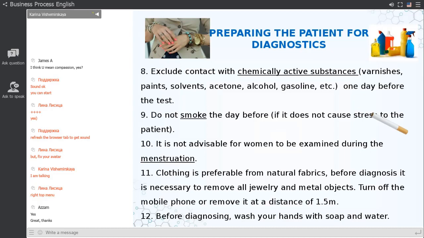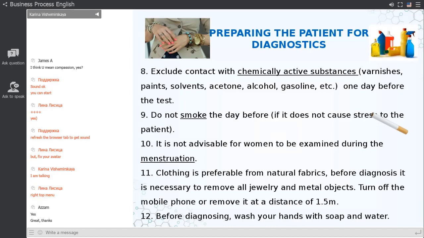Before diagnosis, it is necessary to remove all the jewelry and metal objects from the body and turn off the mobile phone or remove it at a distance of 1.5 meters. It is not advisable for women to be examined during menstruation. And also, before diagnosing, wash your hands with soap and water.